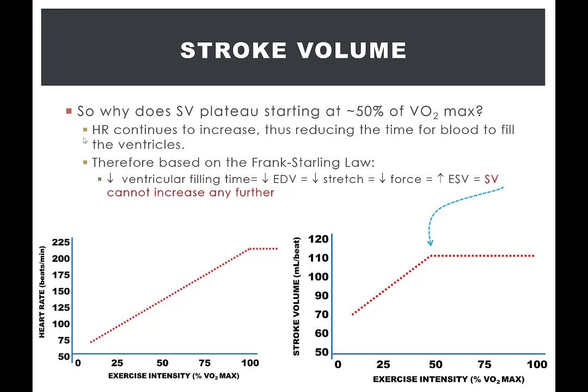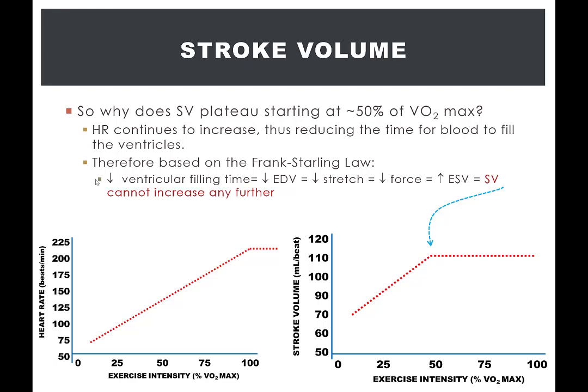At 50% VO2 max intensity and above, the heart rate has increased to the point where the time available between contractions of the ventricle is reduced. If the time between contractions is reduced, then there is a decreased time to fill the ventricle with blood between contractions.